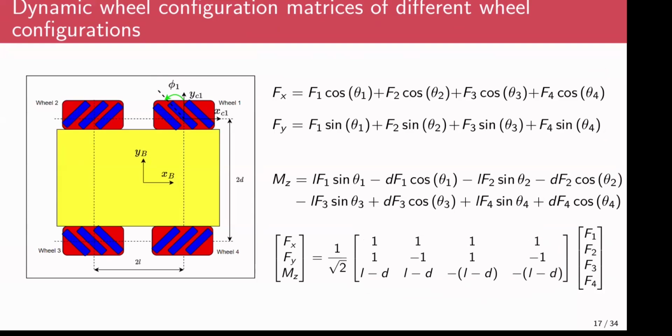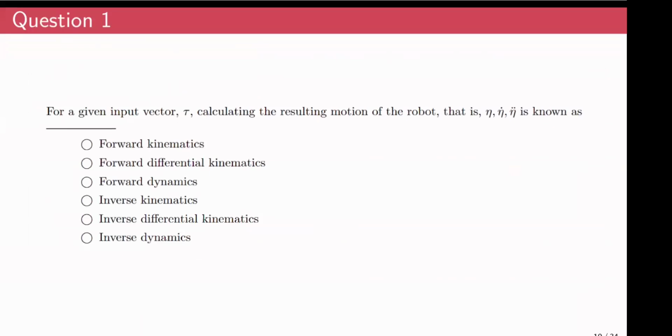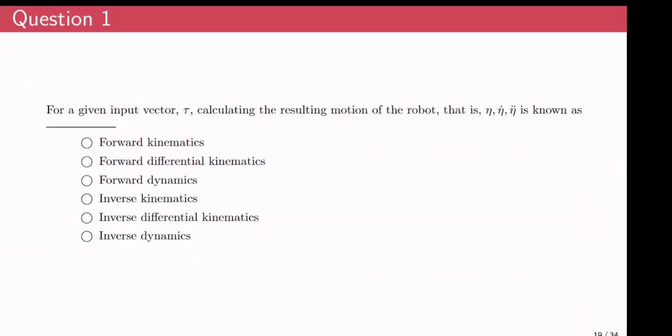All right. So with that, we'll move on to some sample problems that you can expect in these assignments. The first question: for a given input vector, calculating the resultant motion of the robot, that is eta, eta dot, and eta double dot, what is this process called?